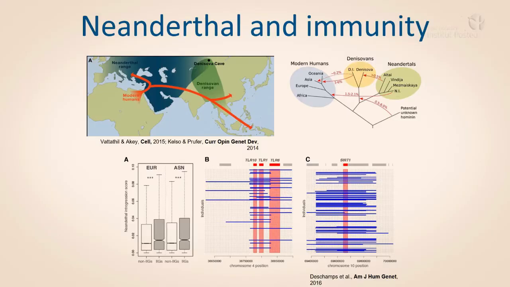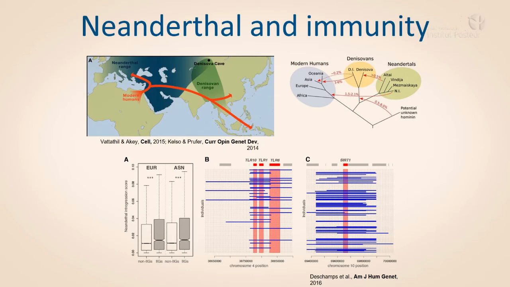But we know very little about how this, what we call introgression, that means the introgression of Neanderthal or Denisovan genomes into the genomes of modern humans, contributed immune response alleles. One question that we are particularly interested in is how Neanderthals have contributed to modern humans with advantageous immune variation.